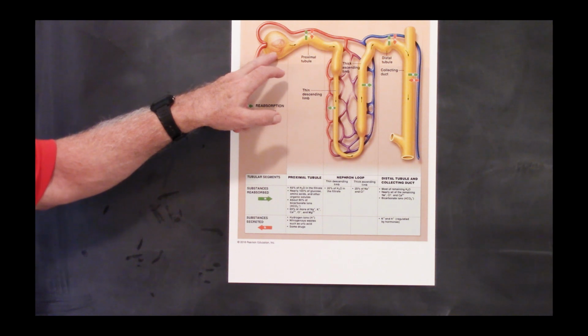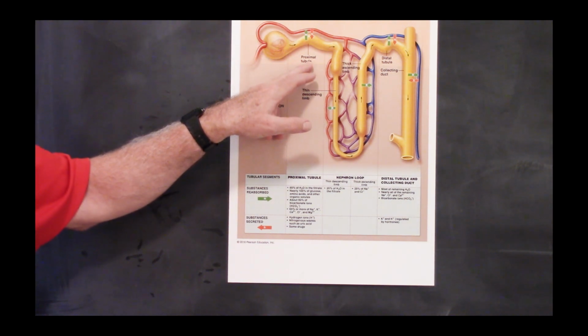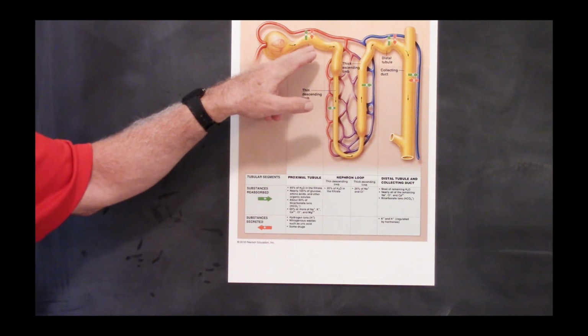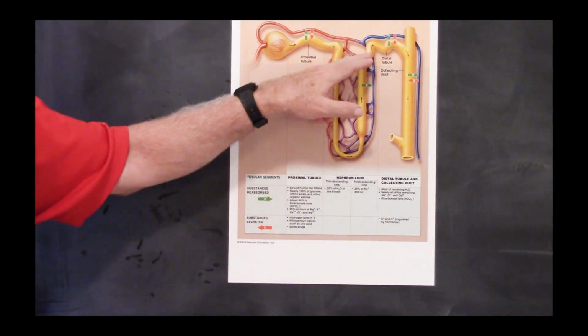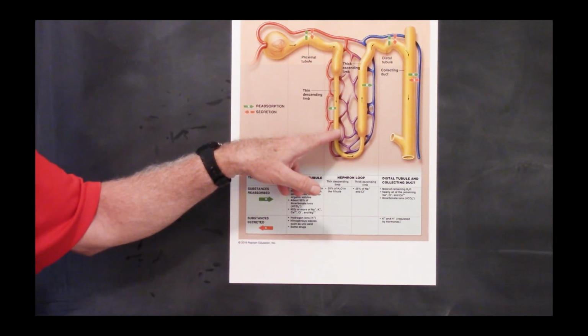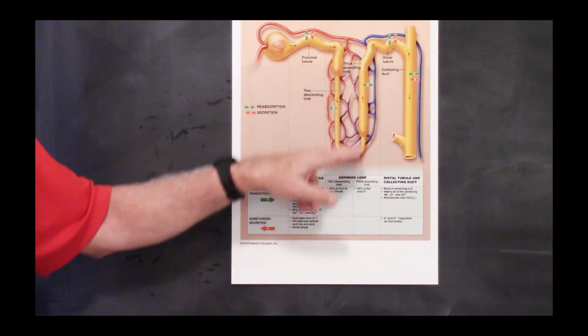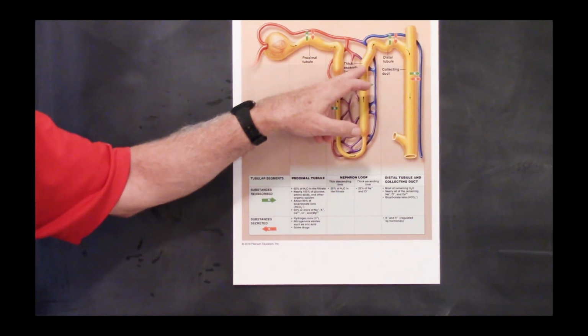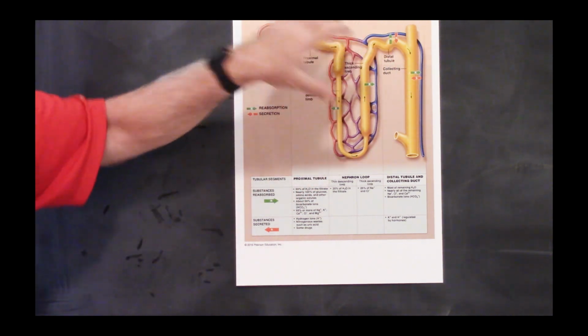The glomerular capsule of the renal corpuscle then gives rise to a proximal tubule, and the proximal tubule forms a loop called the loop of Henle, and we'll find that there's a descending branch of the loop of Henle and an ascending branch. And the ascending branch of the loop of Henle becomes the distal tubule, and that's a nephron.